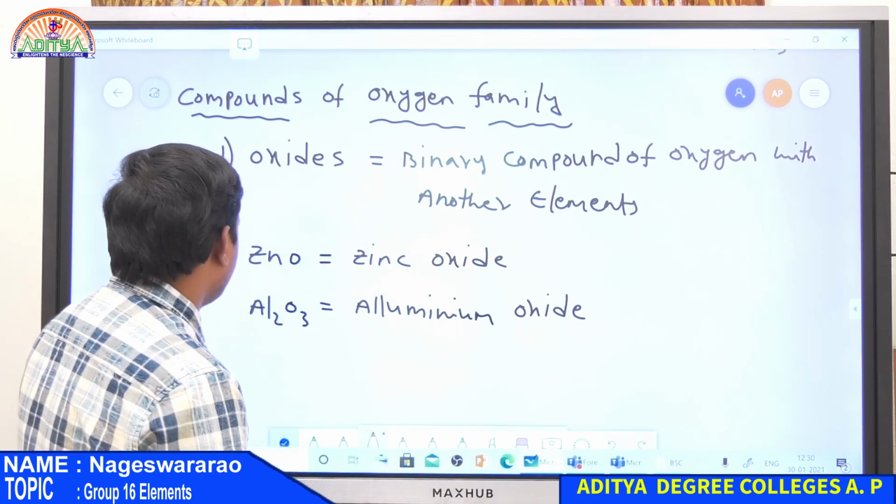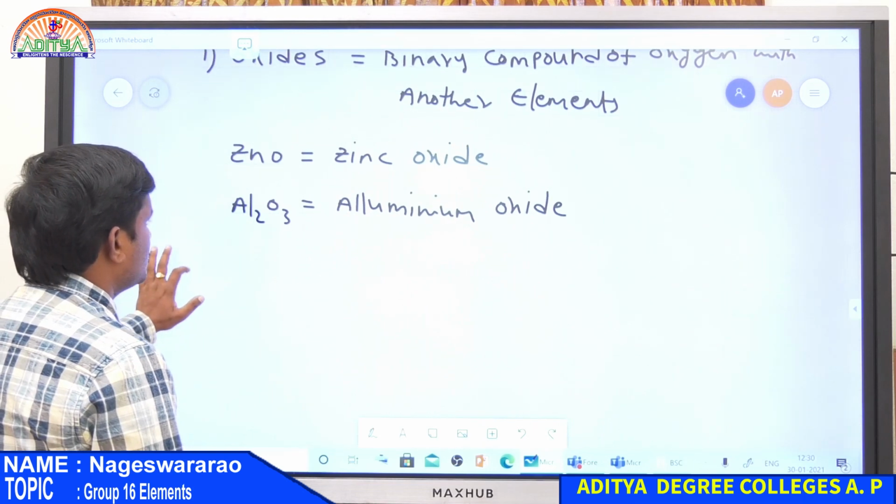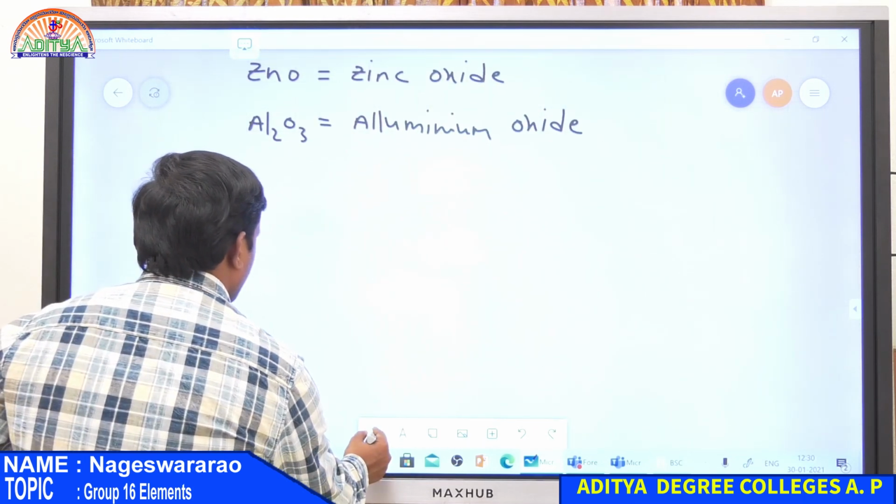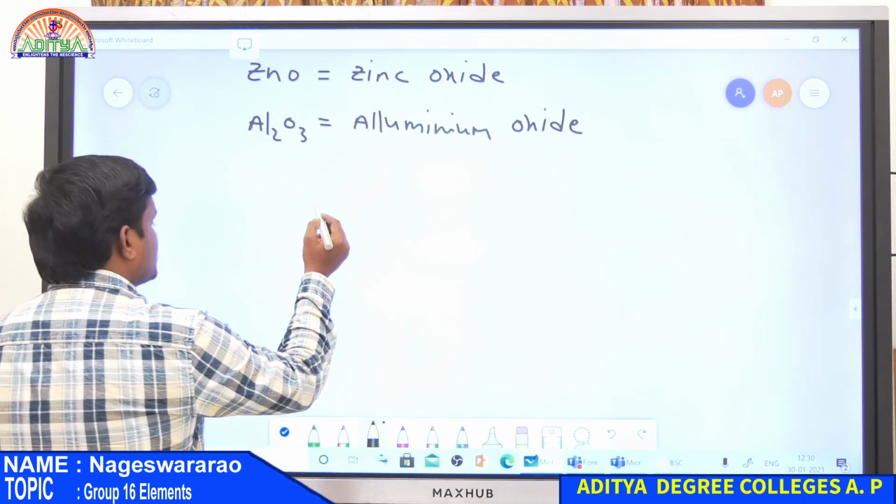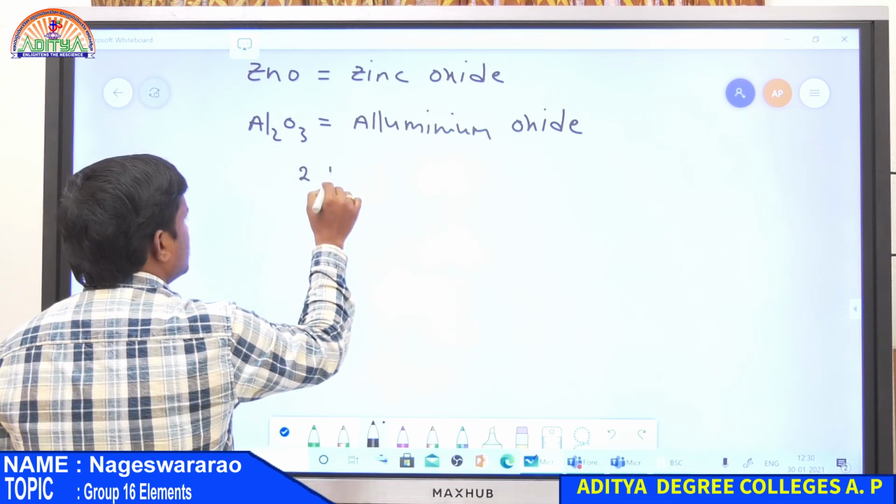Now, classification of oxides. Classification of oxides depends on two parameters.